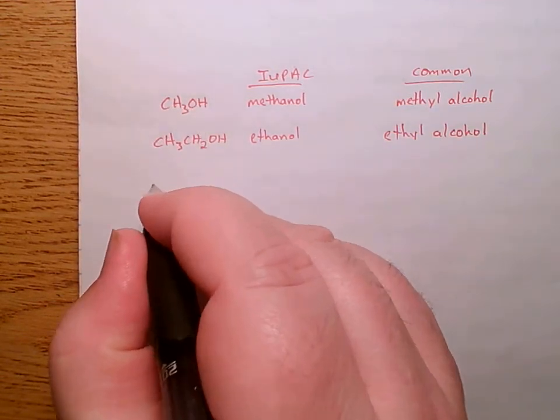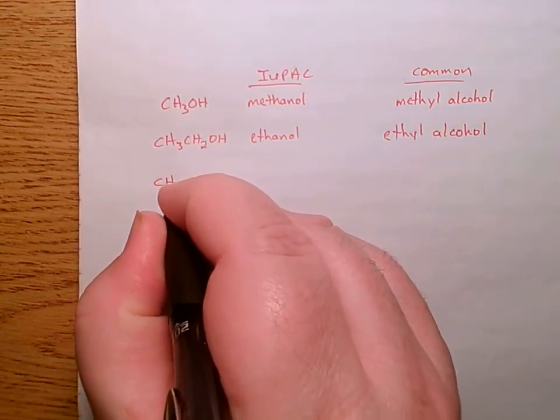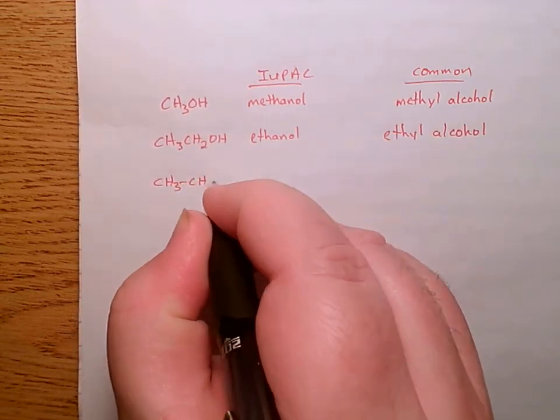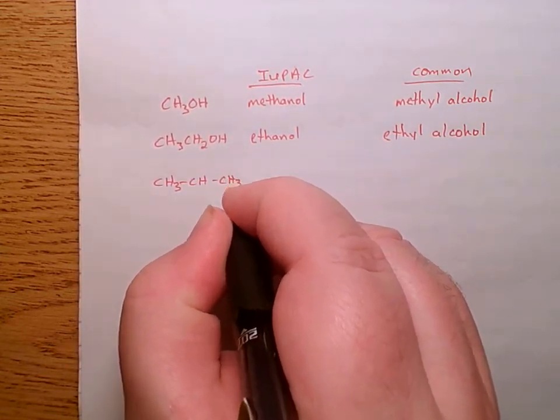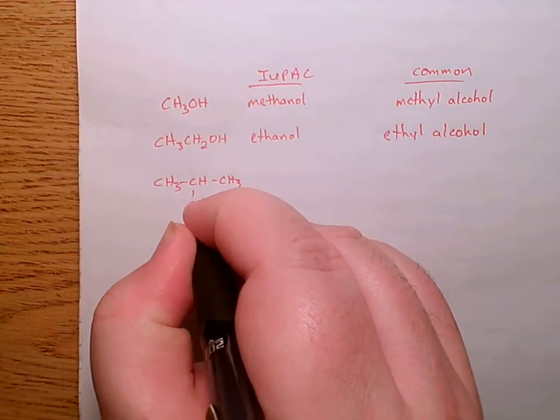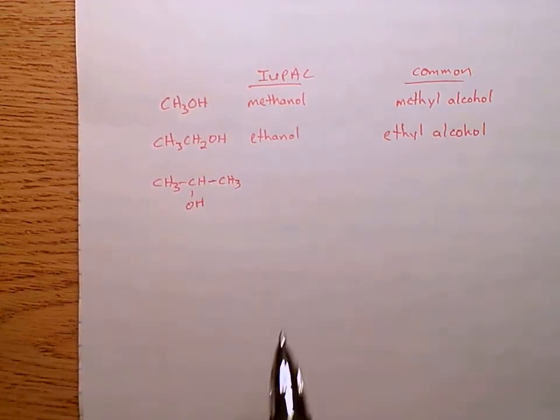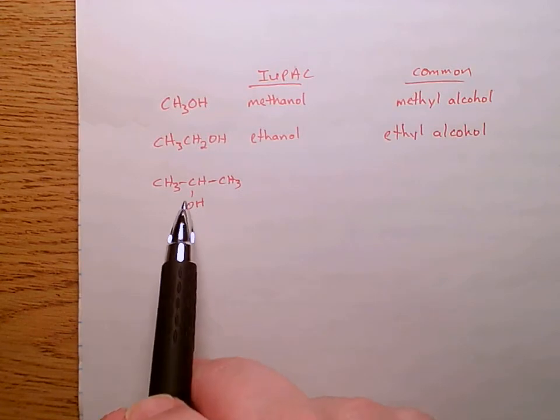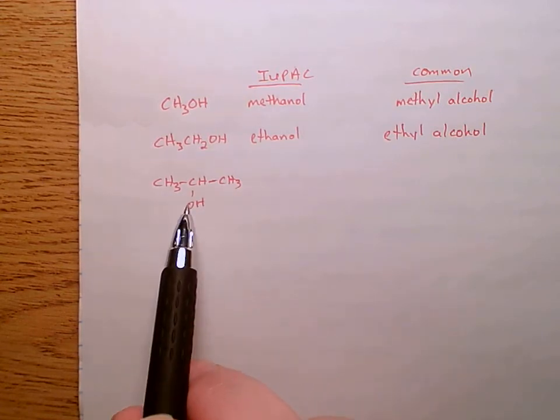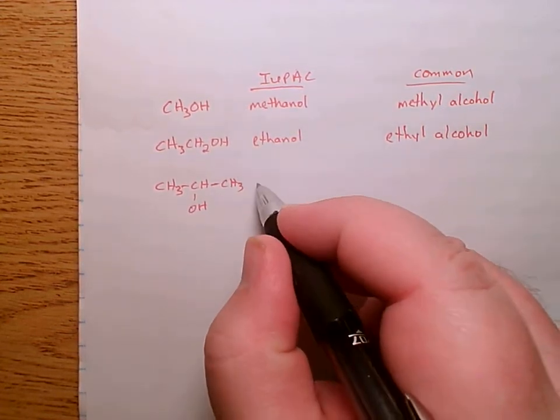Let's look at this one. CH3CH(OH)CH3. What would IUPAC call this molecule? Well, IUPAC says our longest chain is a propyl group. Which carbon number contains the OH? That's carbon number 2. So it's a propanol with the OH on carbon number 2.